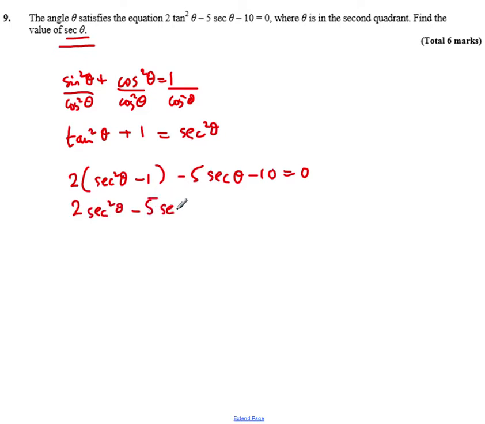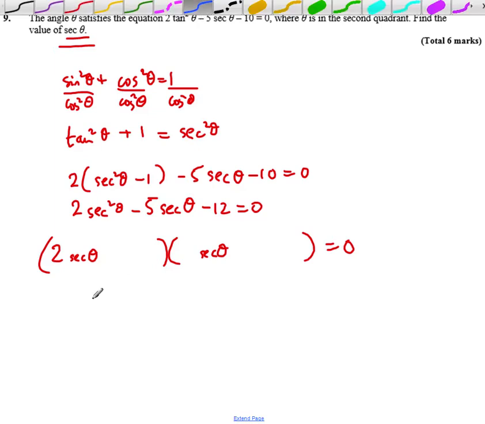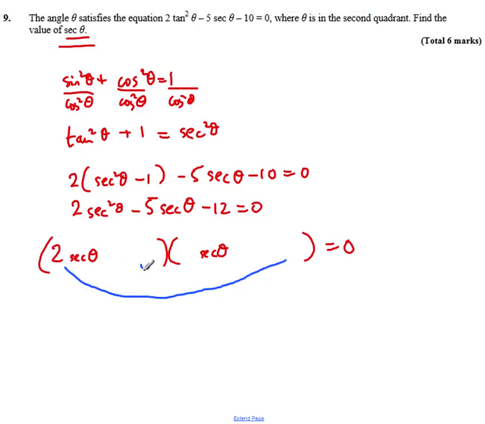So we've got this minus 5 sec theta minus 2 minus 10 is minus 12 is equal to 0. Now, some people might tell you to replace sec theta by something or other in order to solve the quadratic. I think you should just try and have a crack at it straight away. We're clearly going to have 2 sec theta and sec theta, and then we want two things that multiply to 12, where when you combine the terms appropriately, you get a 5 in the middle.